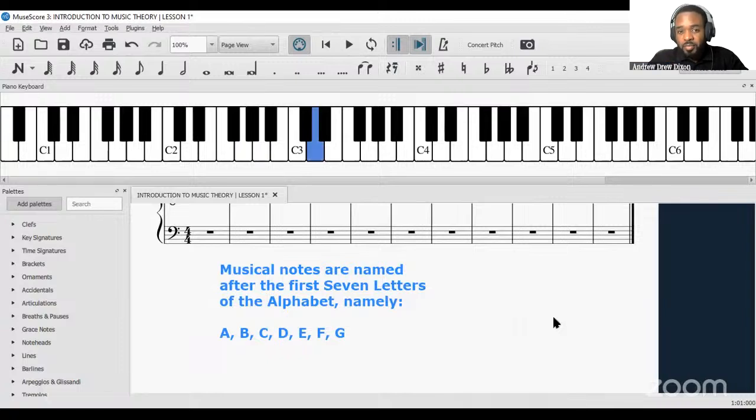We have D. To the right of D, what do we call this one? You got it? D sharp. E and F. To the right of F, we have F sharp. It's G. To the right of G, we have G sharp. A. To the right of A, we have A sharp. Etc. All right.